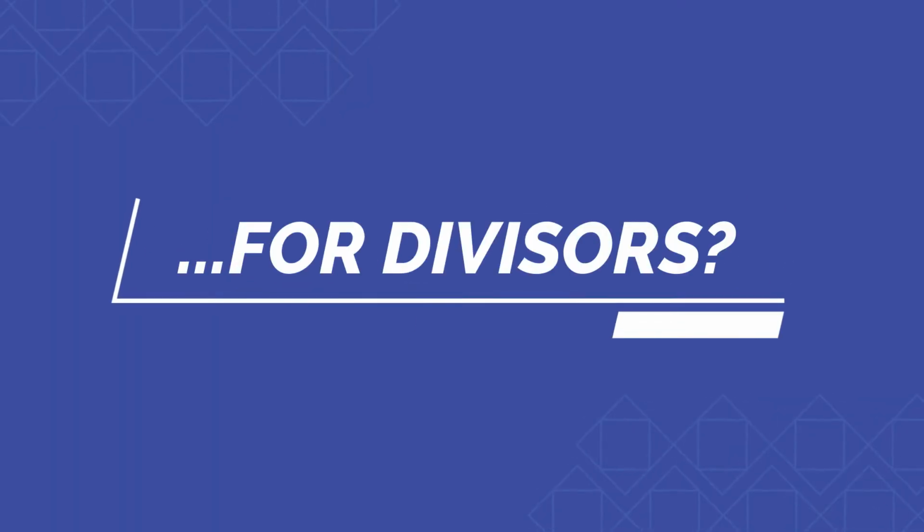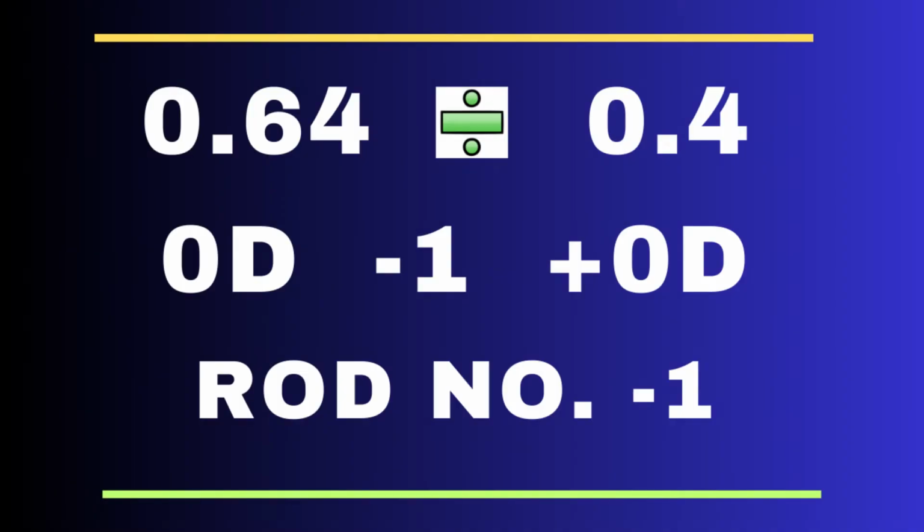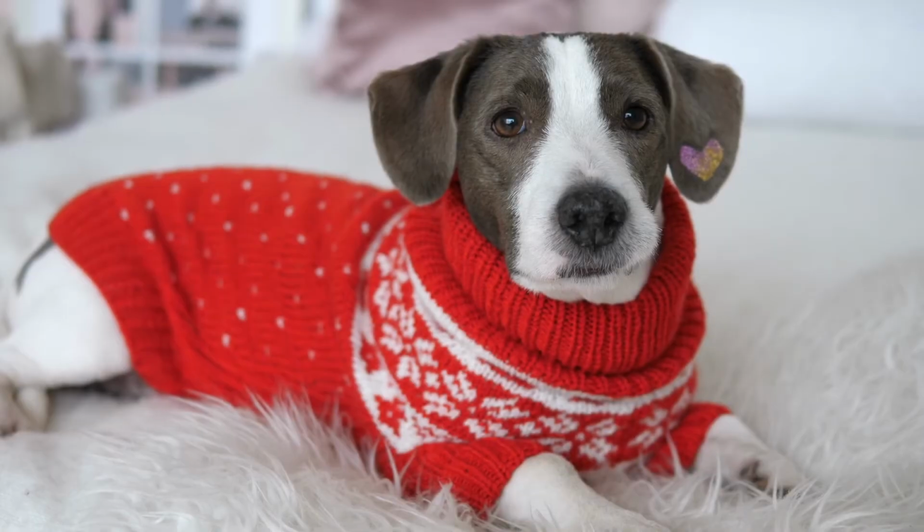Now a 0 following the decimal point in the divisor is considered as plus 1. If there are 2 zeros, they will be considered as plus 2. If there are 3 zeros, plus 3 and so on. Now, refreshing the rule again, a 0 preceding the decimal point in the dividend or the divisor is considered as a 0 only. Please remember it.